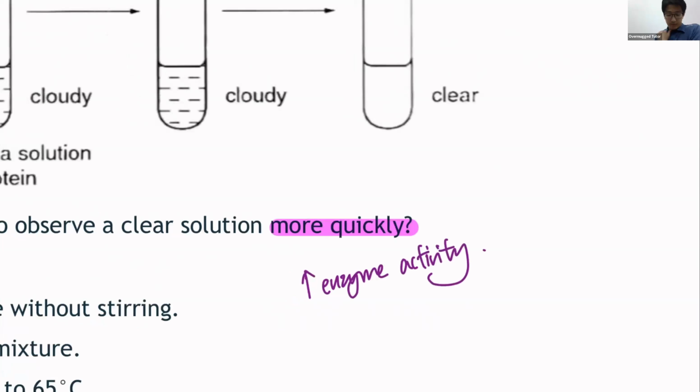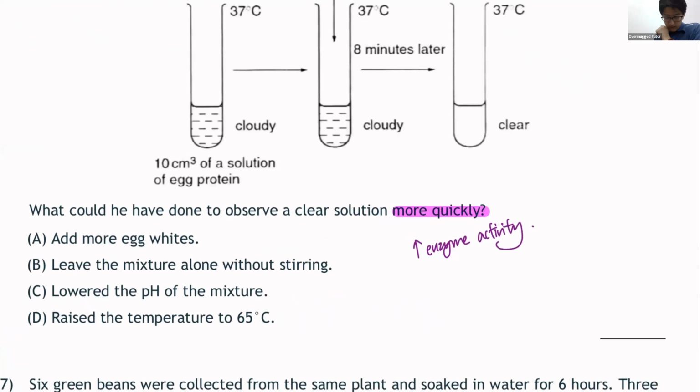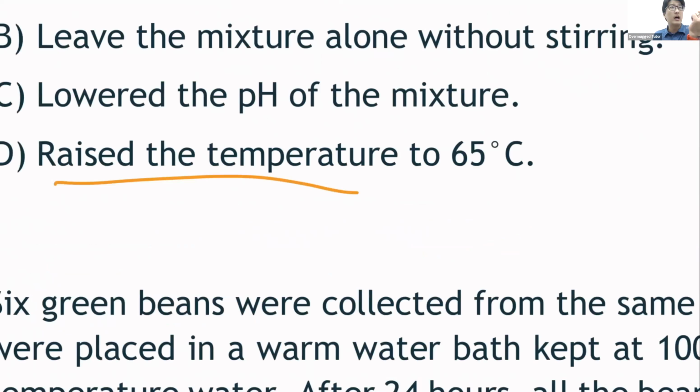Killian and Brandon got it. Well done. Zixing? Sorry? D, is it? Last one? You chose raising the temperature. Okay, very good. Raising the temperature. When I raise temperature, the enzymes and substrates have more what?